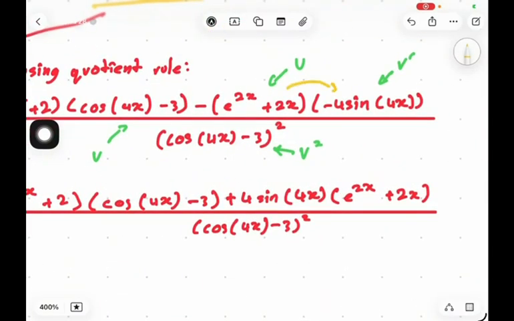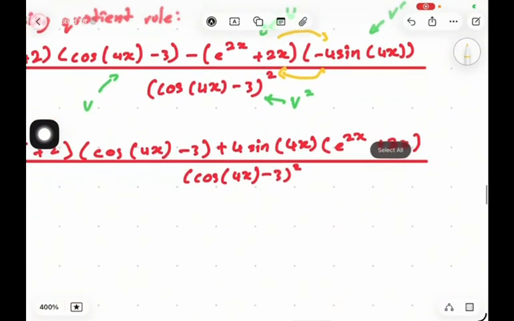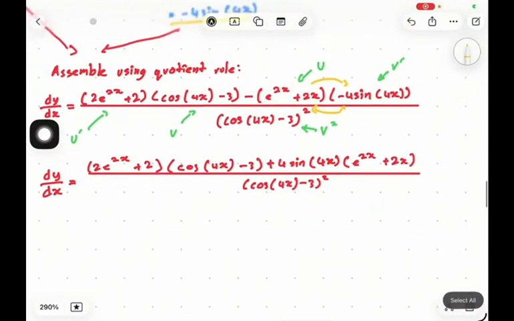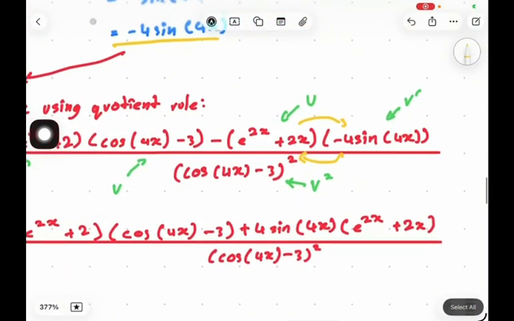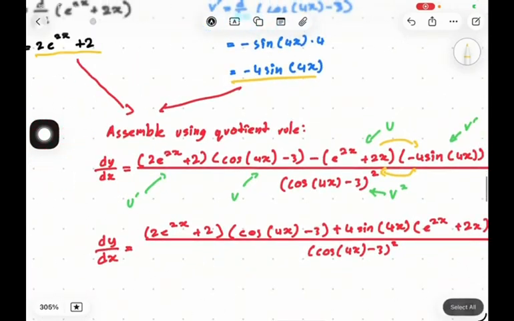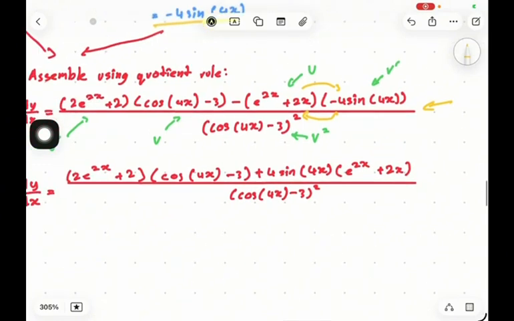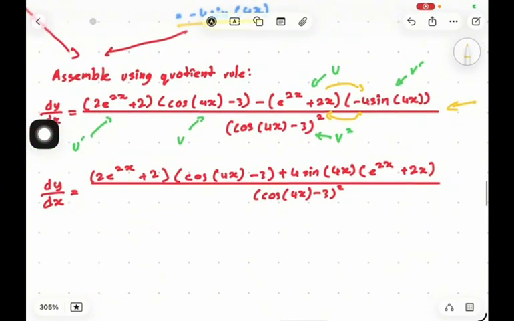We just take the back one to the front to make it look neater. Actually, this part is already the answer.